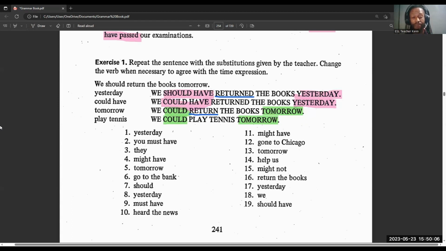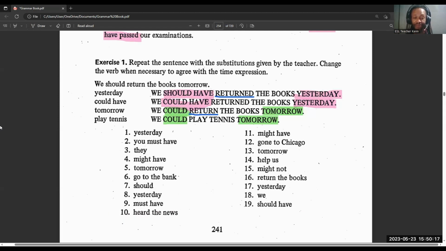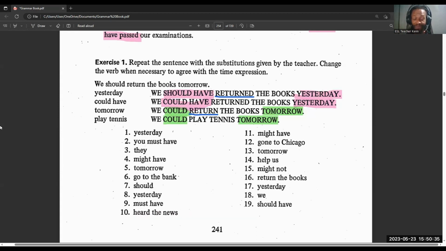Tomorrow. They might play tennis tomorrow. Repeat. Go to the bank. They might go to the bank tomorrow.